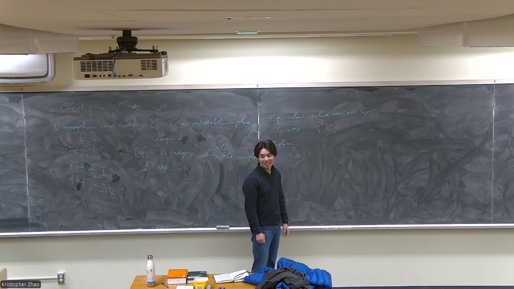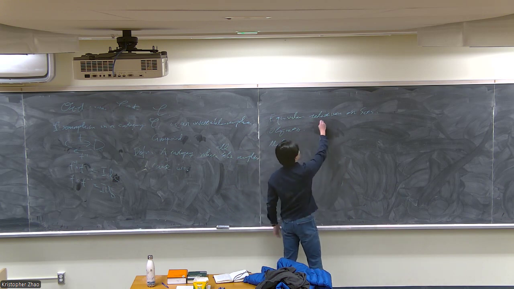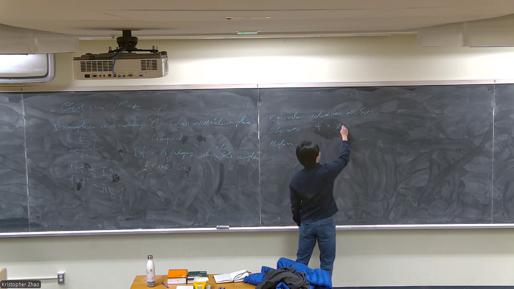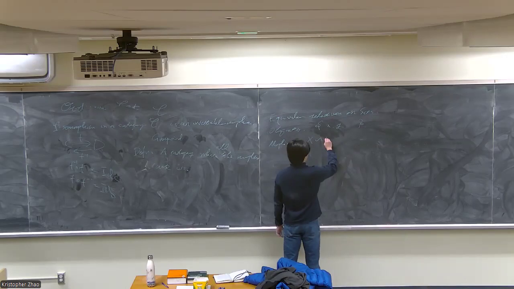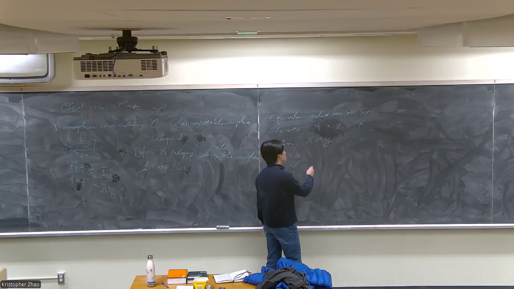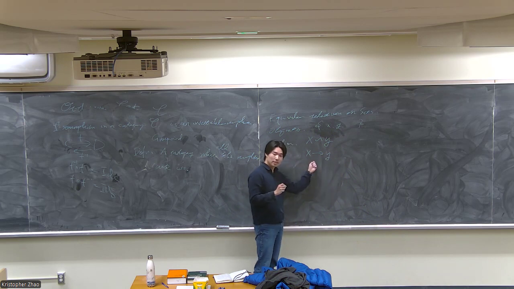Okay, just points, like x, y, whatever. Elements of some set. Morphism: if x is equivalent to y, then x to y is a morphism. Make sense?